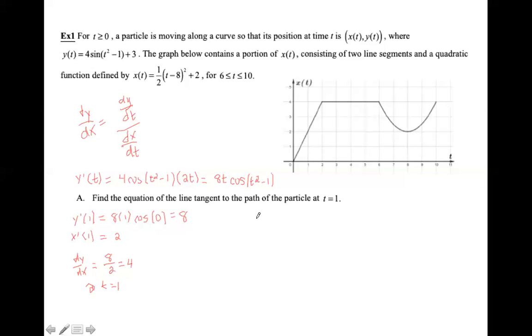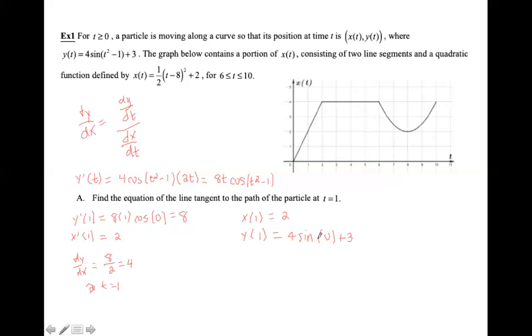Now we need to find the coordinates when t equals 1. x of 1, again, I can get straight from the graph. x of 1 is 2. To find y of 1, I'm going to plug it into 4 sine of 1 squared minus 1, which is 0, plus 3.